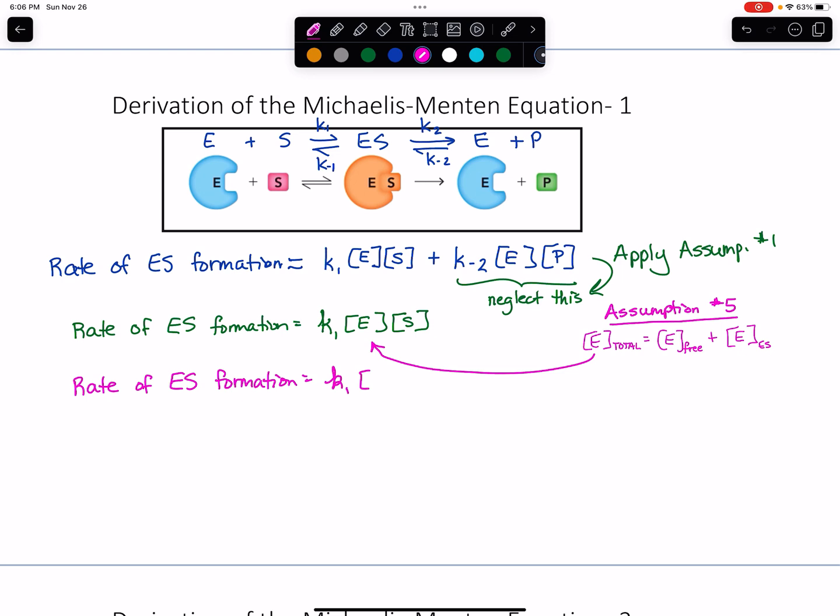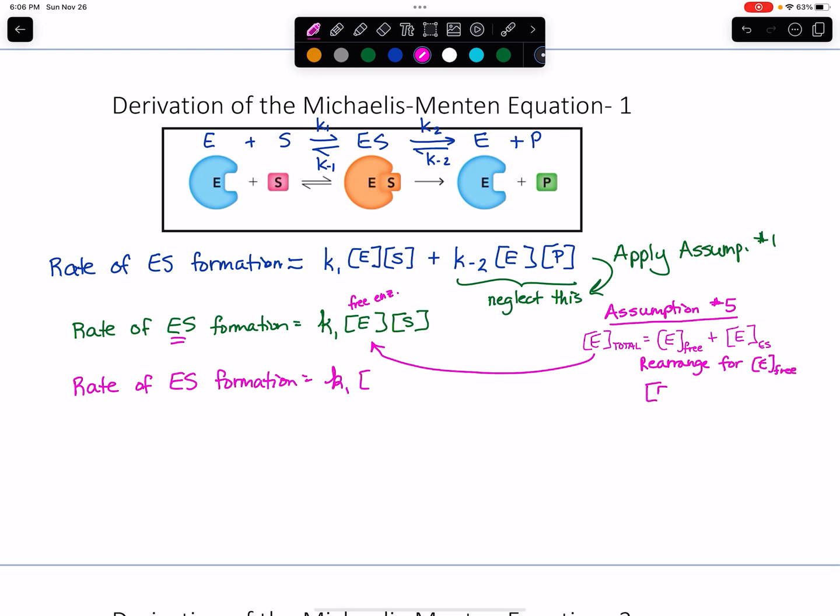This is free enzyme here, right? Because I'm making ES formation, so I'm going to rearrange for free enzyme.